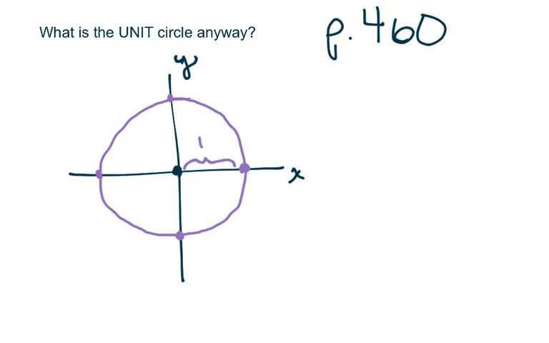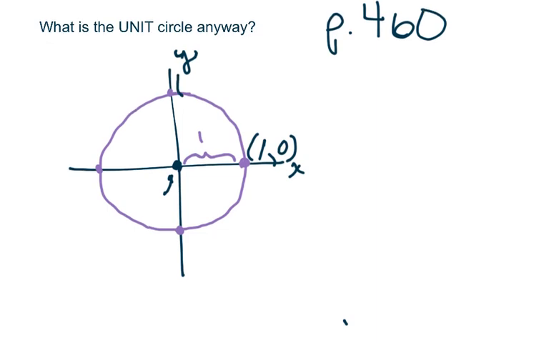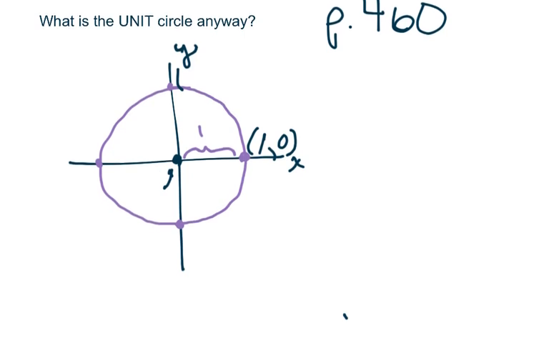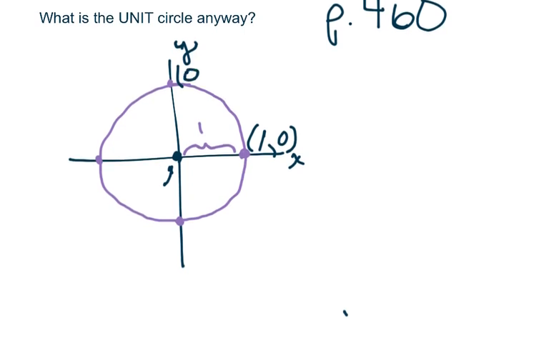So that means that you can actually figure out what coordinate each point is. If the center is the origin at 0, 0, then this point here is going to be 1, 0. If we move from quadrant 1 to quadrant 2, or straight up here, then this is going to be 0, 1.